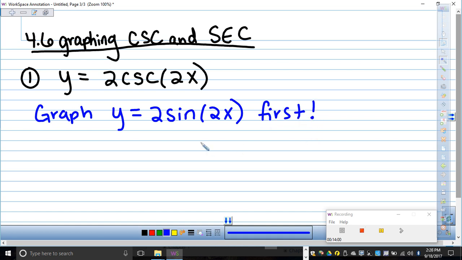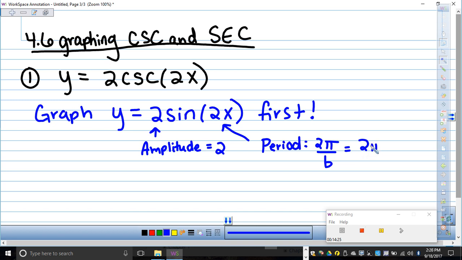So if we think about this graph, what we've learned so far with graphing sine and cosine, we can see that it has an amplitude of 2, and we can also see that there's going to be a period change because there's a 2 in front of the x. So if we think about doing our period formula, which is 2 pi over b, in this case b is 2, so we plug in 2 pi over 2, and we see that we have a period of pi.